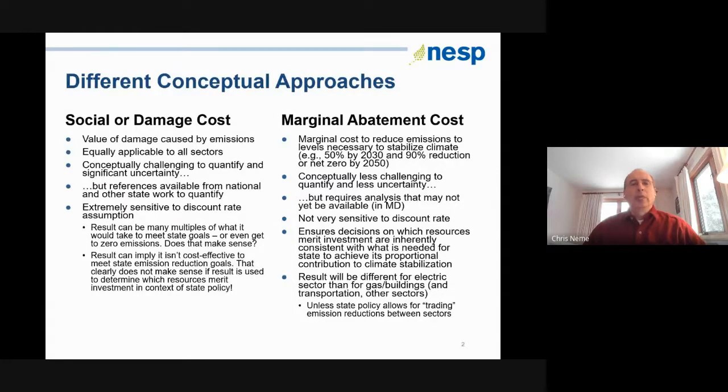One important note is that the marginal abatement cost will be different for different sectors. Decarbonizing the electric grid may be cheaper than decarbonizing buildings that are currently using natural gas and fuel oil and propane and other fossil fuels. And it may also be different than the marginal abatement cost for the transportation sector. So you may need to use different marginal abatement costs for each of those sectors.